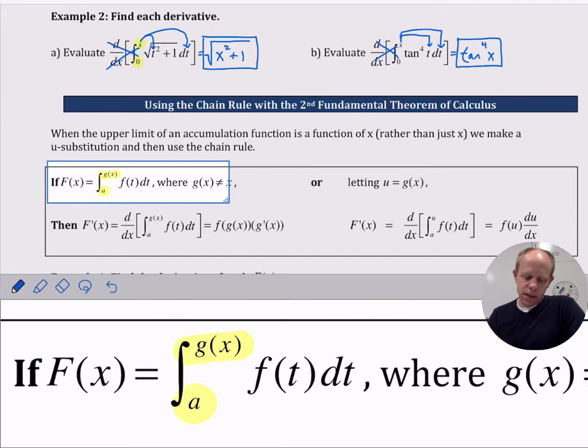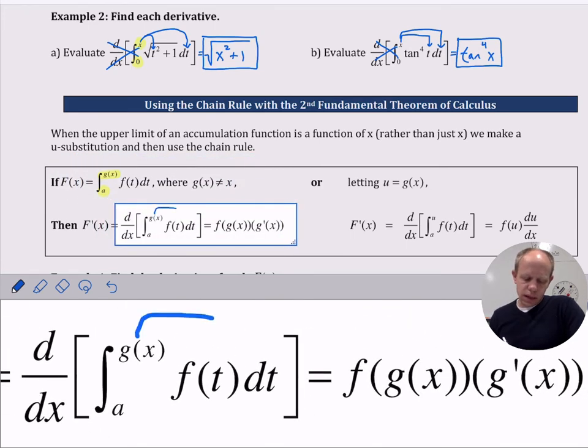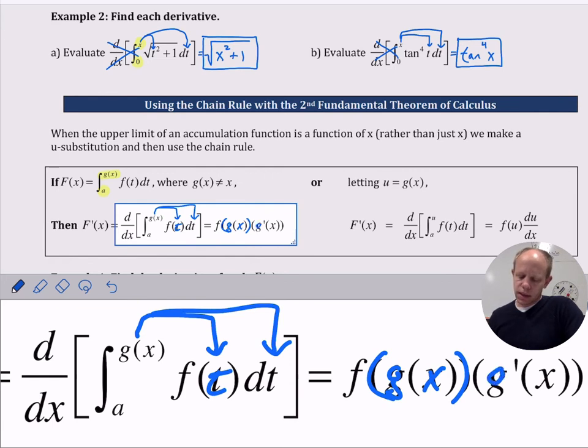And so what's going to happen in this case is you're going to end up substituting it in for t, but then you're also going to have to put it in here. And so what happens is in the one place, we actually get this g at x going in right there. And then this is going to be that g prime at x. So the dx over dx is now the derivative of g at x with respect to x.